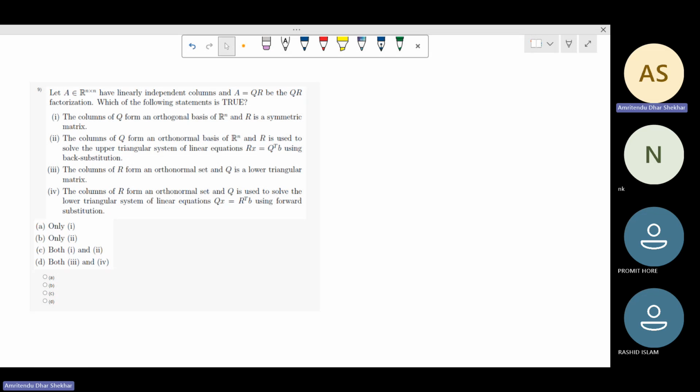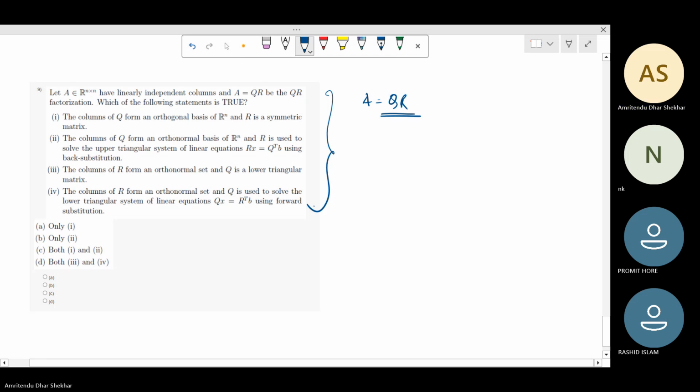This is a general question on QR decomposition. If you write A equals QR, the columns of A form an orthogonal basis of Rn, and R is a symmetric matrix. No, R is not a symmetric matrix because R is an upper triangular matrix.